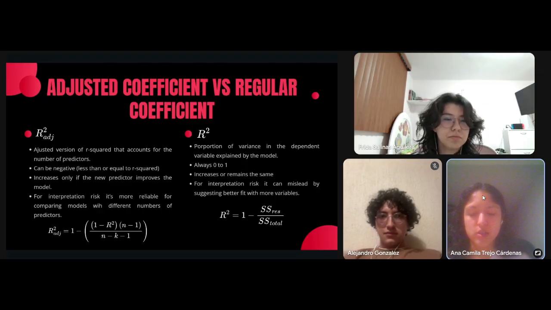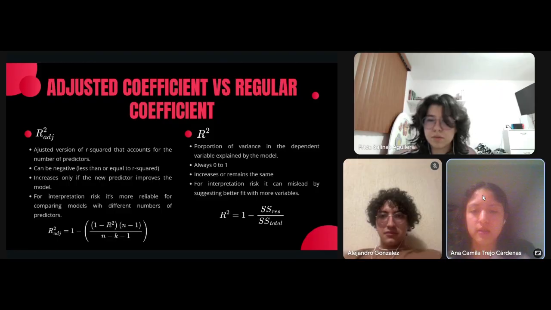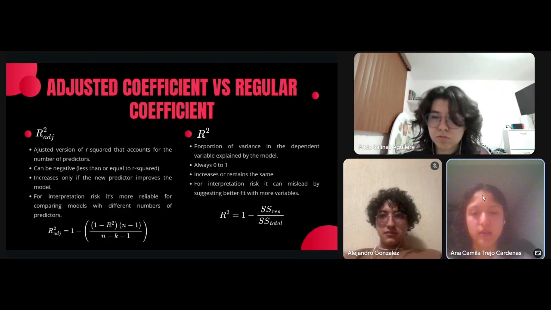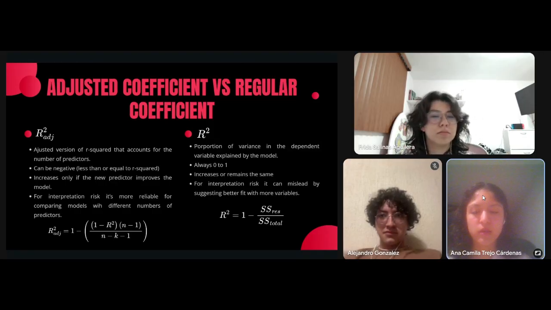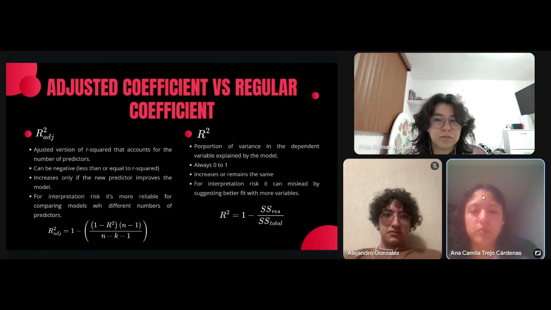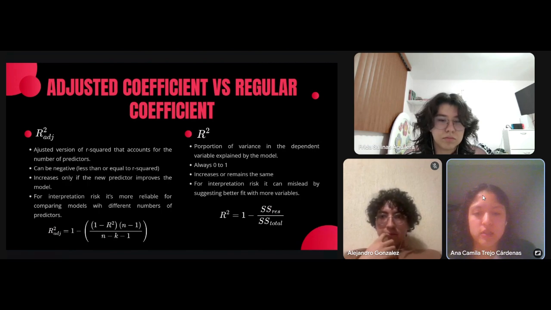This is where the adjusted R-squared comes in. It takes into account the number of predictors in the model. It penalizes the addition of variables that do not improve the model significantly, so it gives us a more accurate and honest measure of model quality.